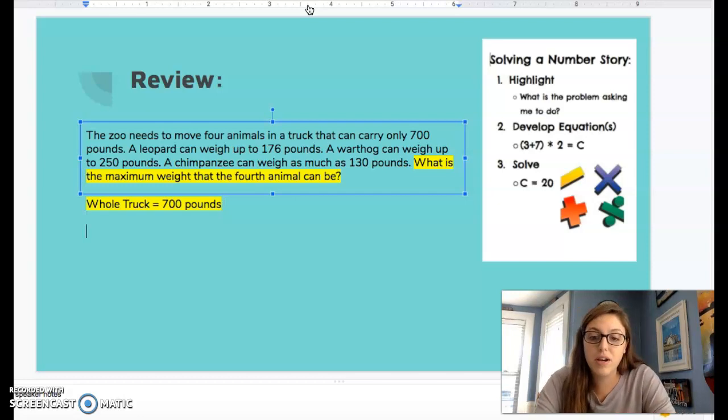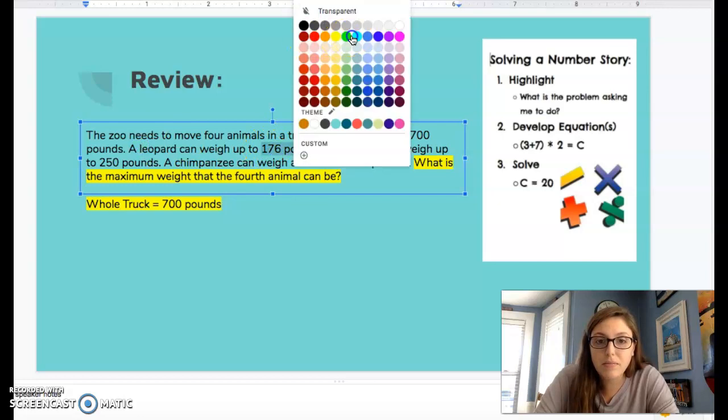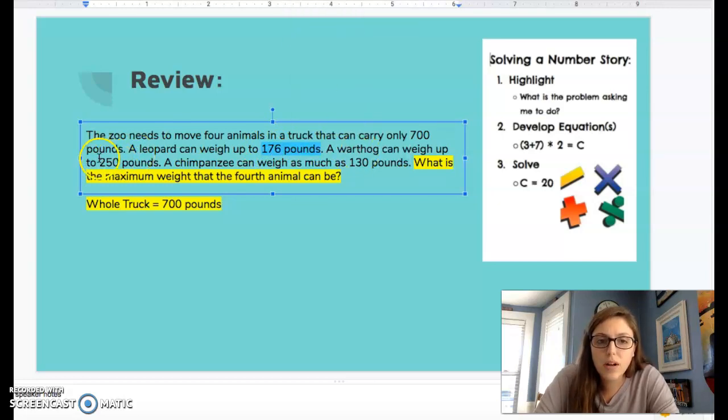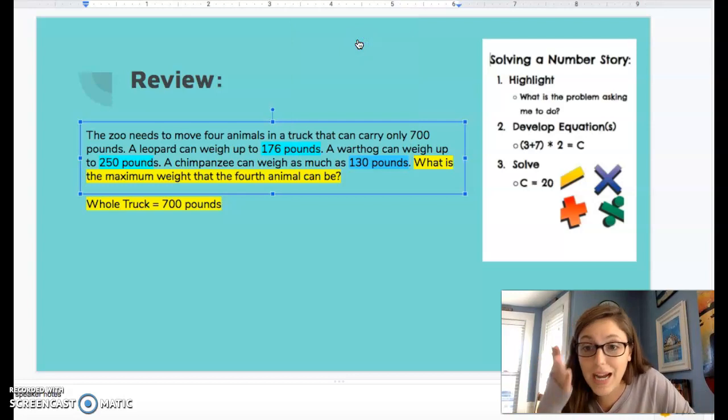I also know that the leopard can weigh 176 pounds. The warthog can weigh 250 pounds, and I know that the chimpanzee can weigh 130 pounds. So to solve this problem, I need to find out what that last animal can weigh.